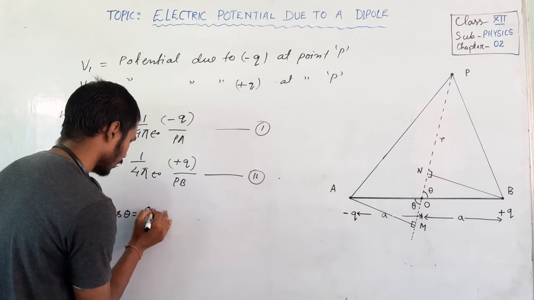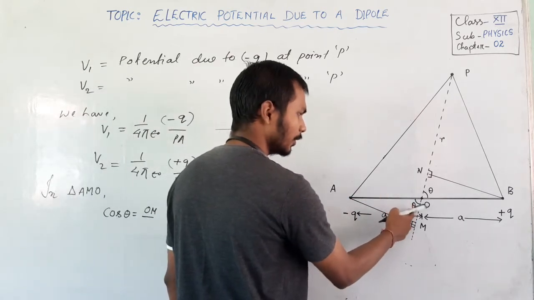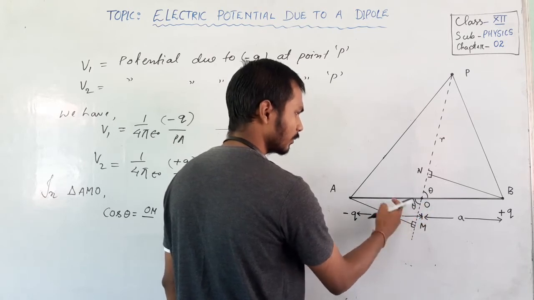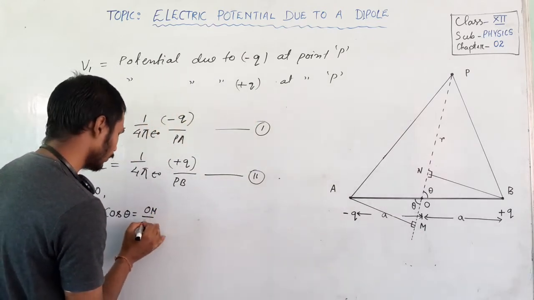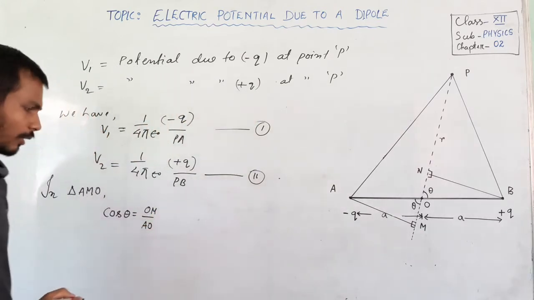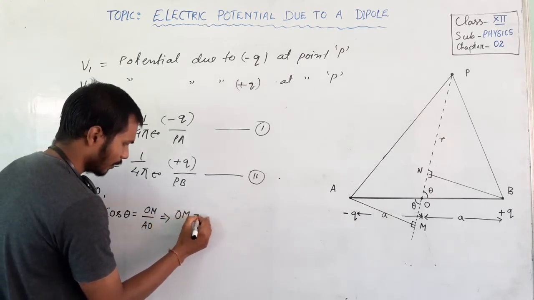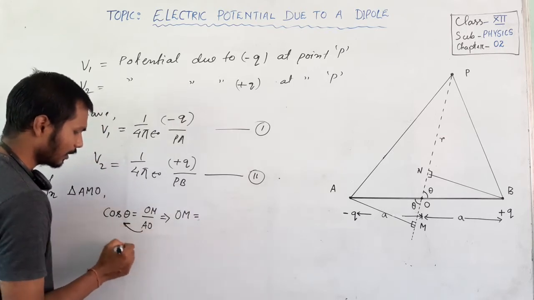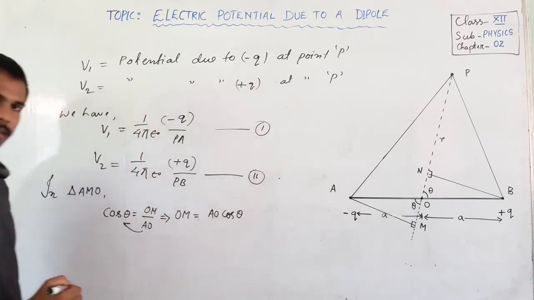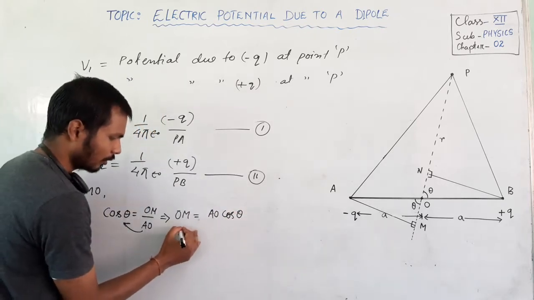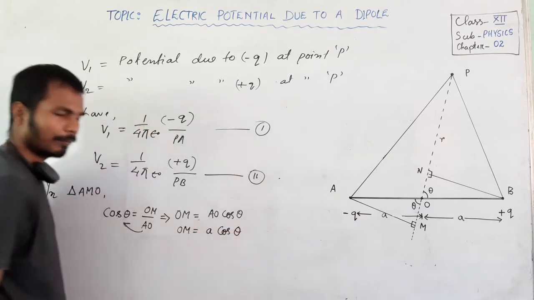OM, divided by the hypotenuse. If this is theta, then this is 90 degrees, and this is the hypotenuse, that is AO. This implies that OM is equal to AO cos theta. And what is the value of AO? OM will be equal to a cos theta. Done.